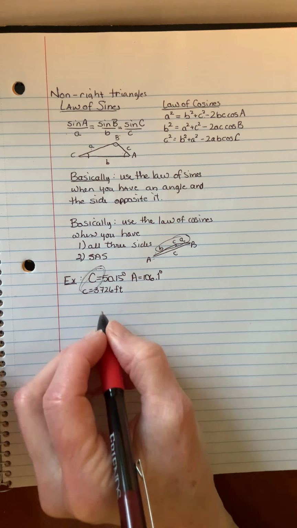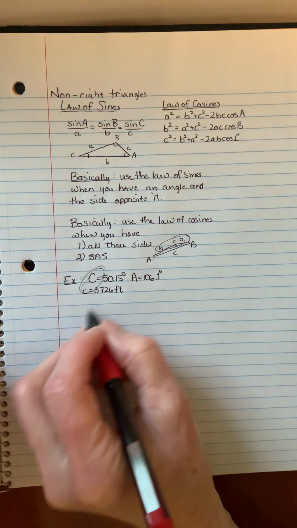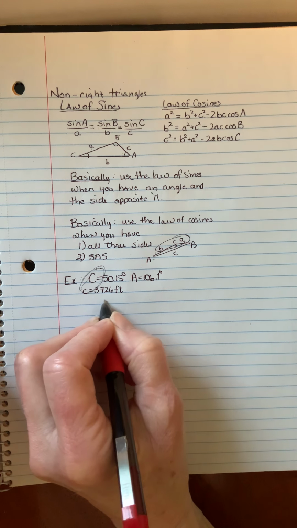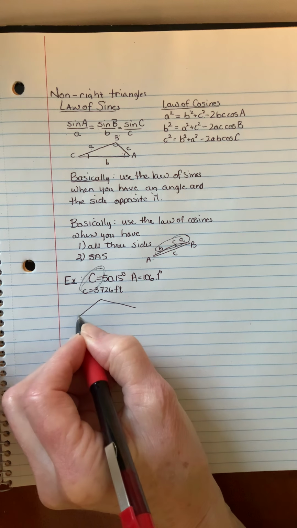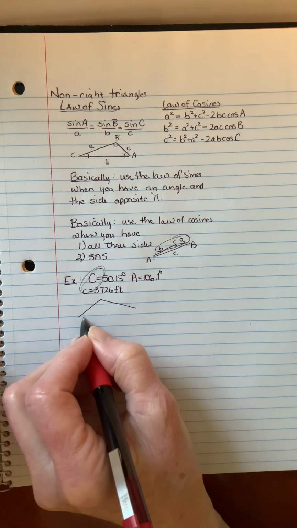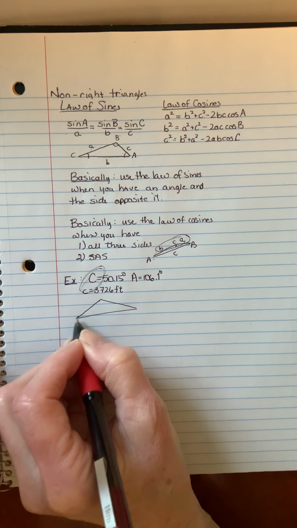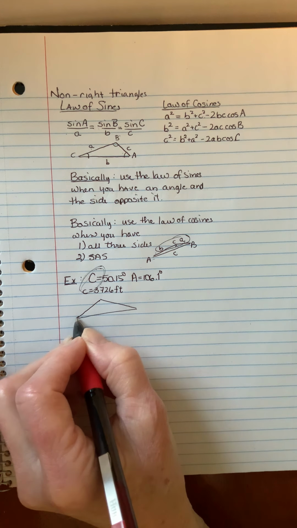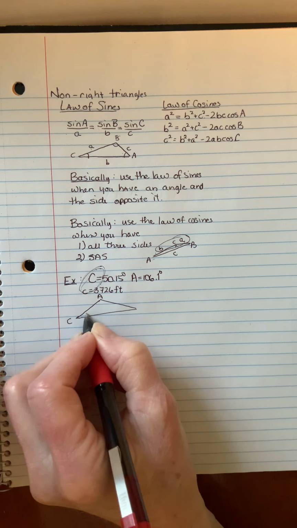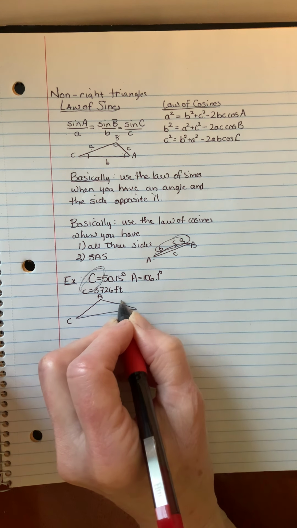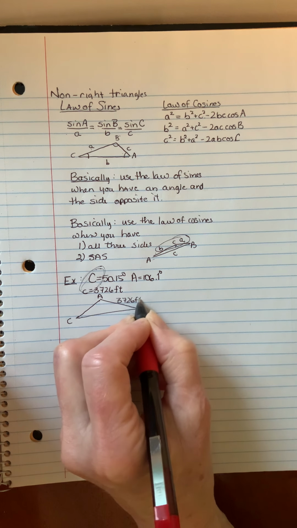All right, so I like to draw pictures, and so I'm going to try to do that. I've got to have a 106.1 degree angle, so that's bigger than a 90, and then I've got to have a 50 something. Obviously these are not exact by any means, but I'm going to call this angle A and this one angle C. So here's side C. So this is 37.26.